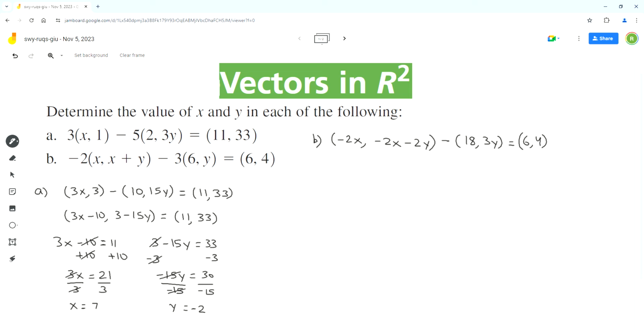Now we have to subtract the vectors on the left side. So we'll subtract their x components and y components. Now in the vector on the left side, we can combine the y terms. Negative 2y minus 3y is equal to negative 5y.